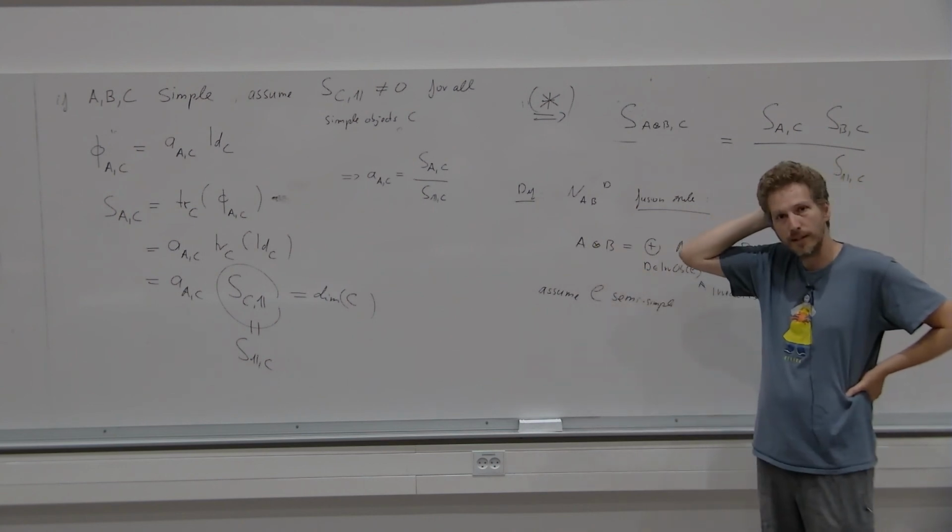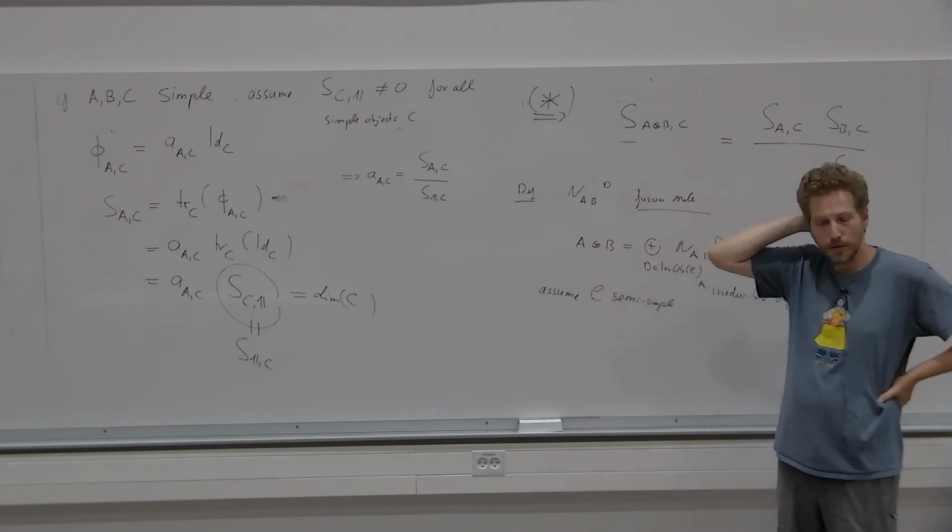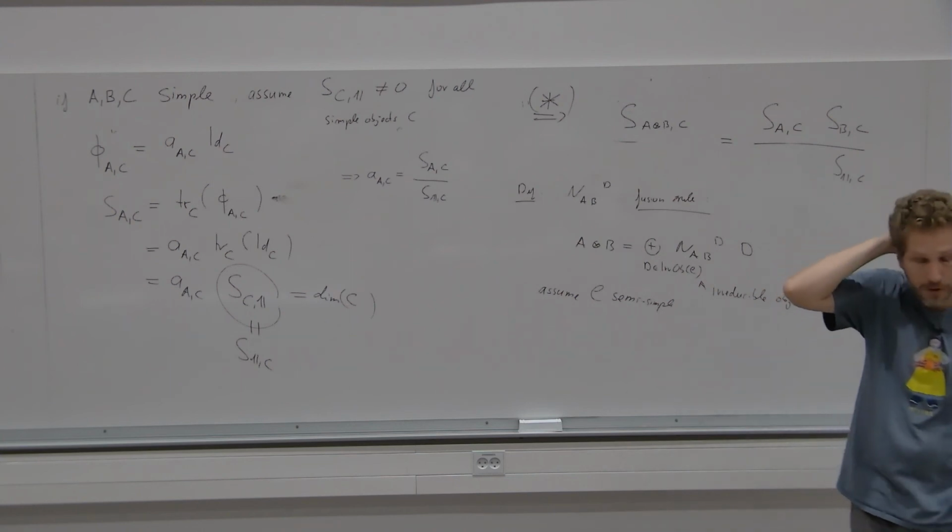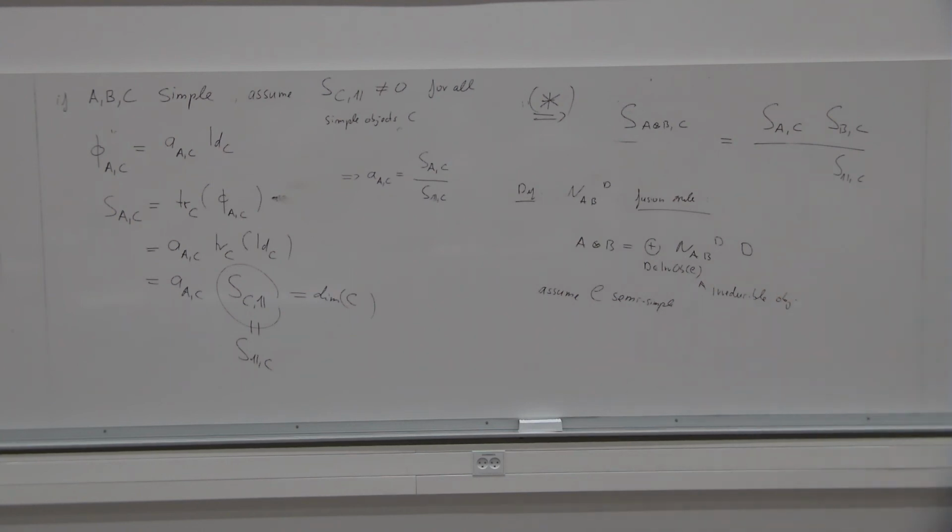And of course, in a semi-simple category, if you know the tensor product of all simple objects, you know it for all objects. Tensor product is linear, so if you know it for all simples, you know it for all of them. Couldn't it also happen that S1, C is not invertible if C is not simple? I want to comment on all these things, absolutely.